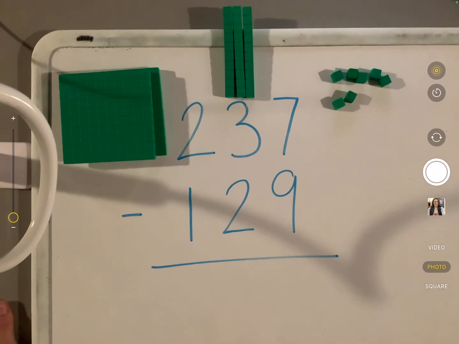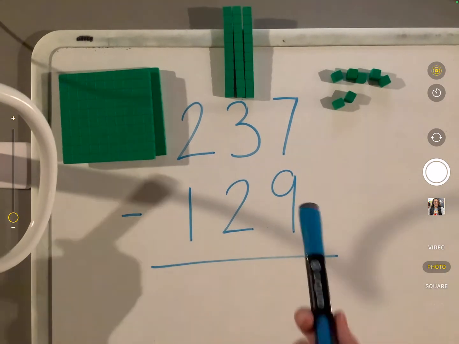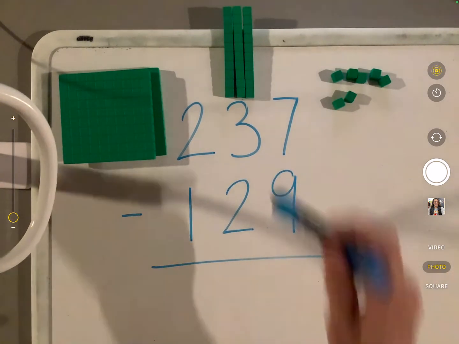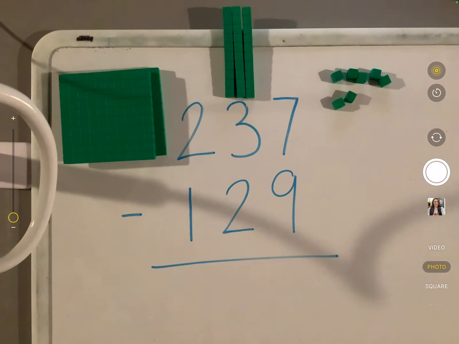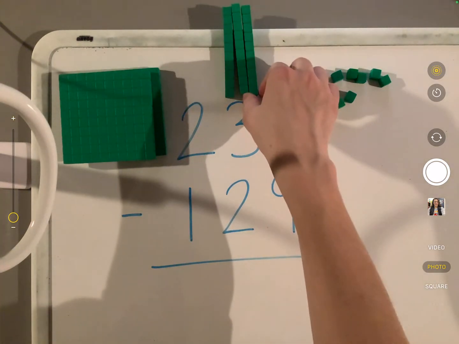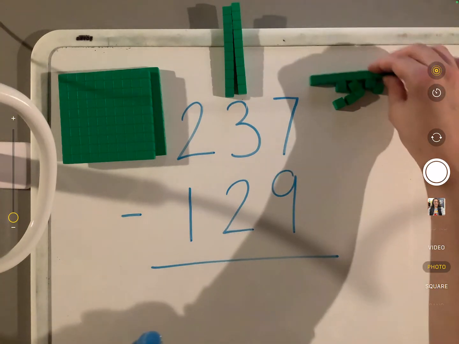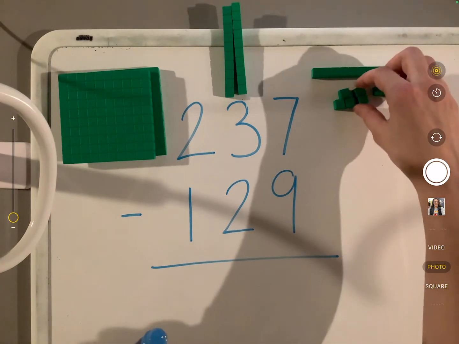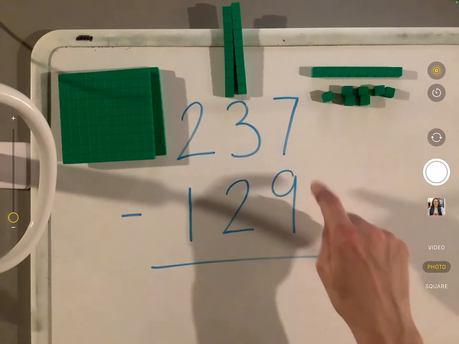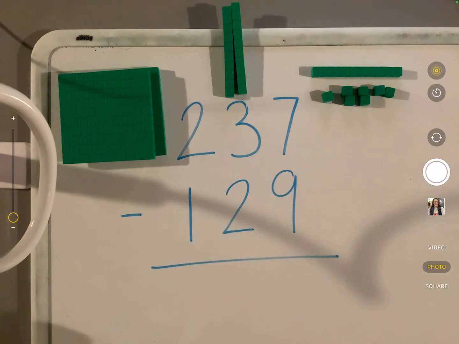So how am I going to do that? I can't. There's not 9, so I can't take it away, right? But remember, we can borrow from this place, from our tens place. So I'm going to borrow 10 because my neighbor is really nice and he is going to let me borrow 10 so that way I can take 9 away.